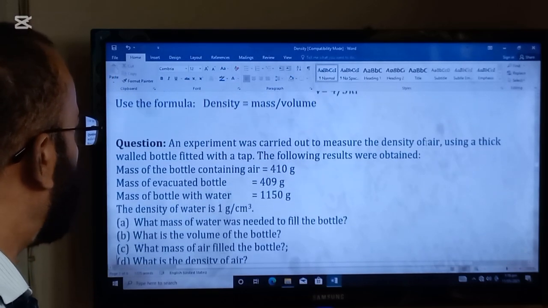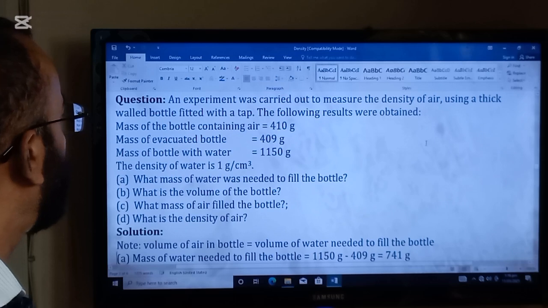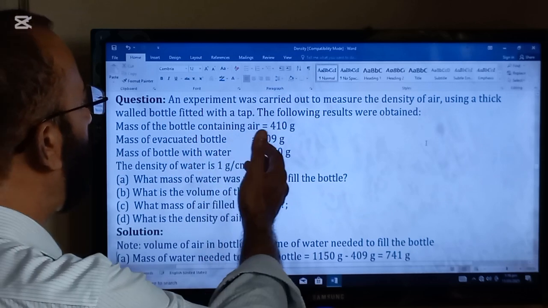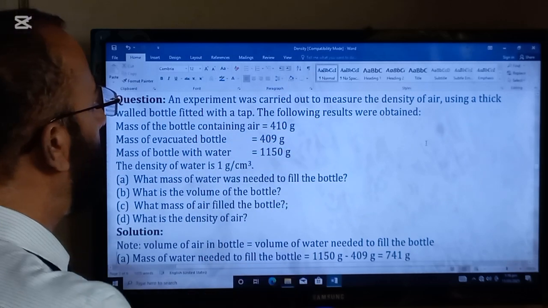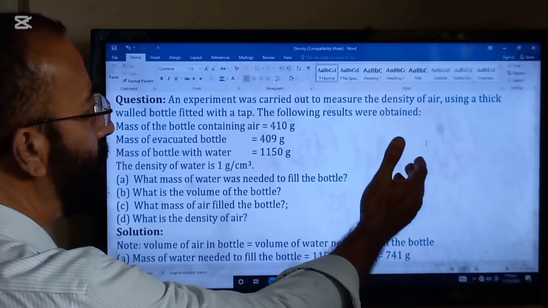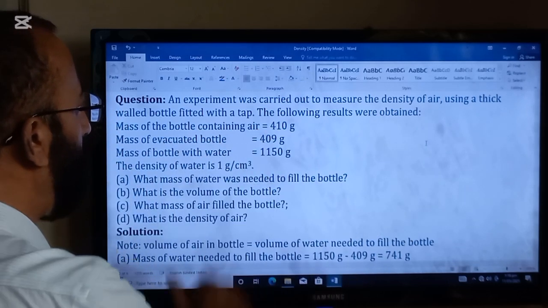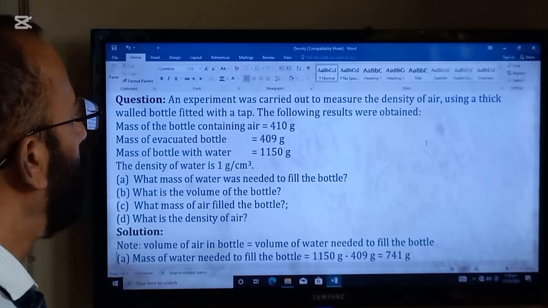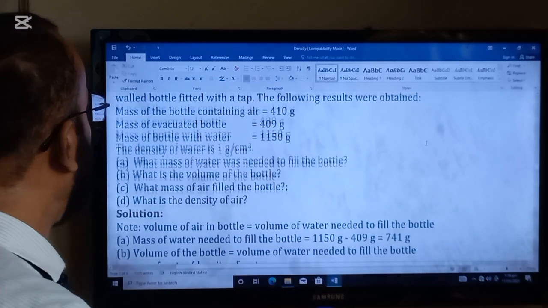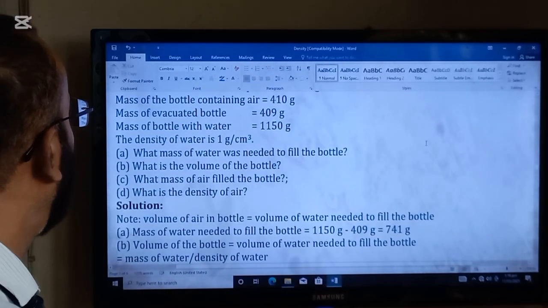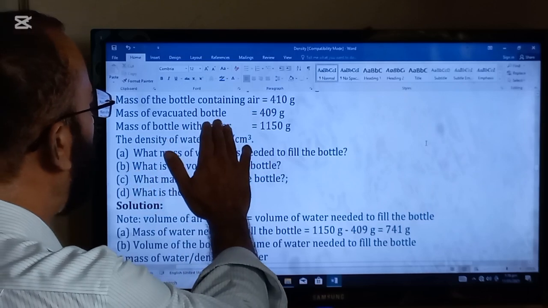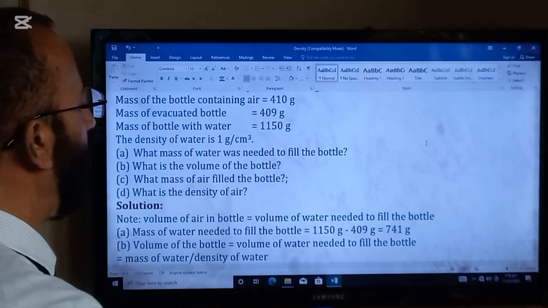A question is here. An experiment was carried out to measure the density of air using a thick walled bottle fitted with a tap. The following results were obtained. Mass of the bottle containing air is 410 grams.